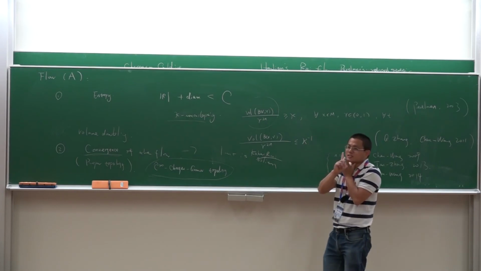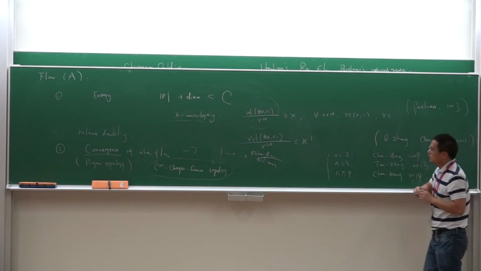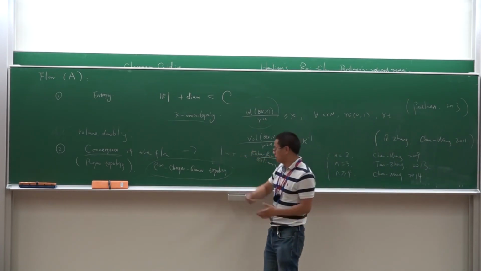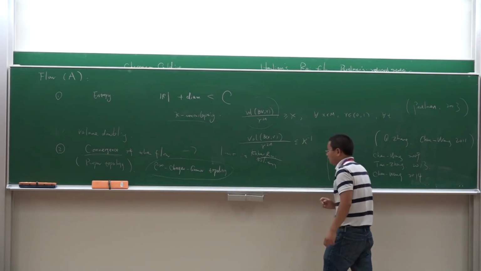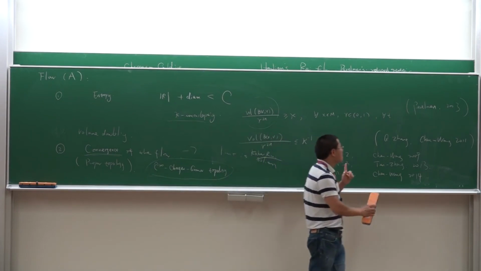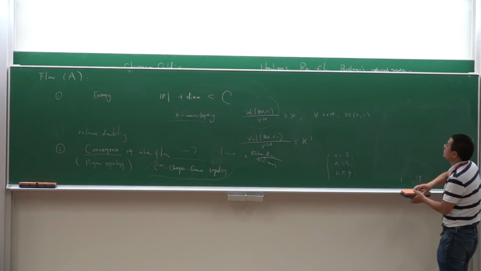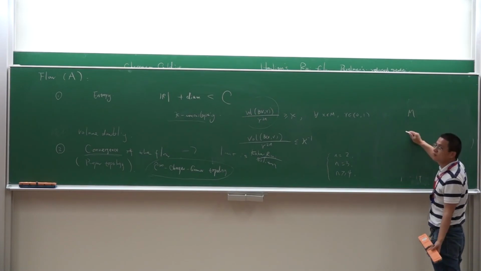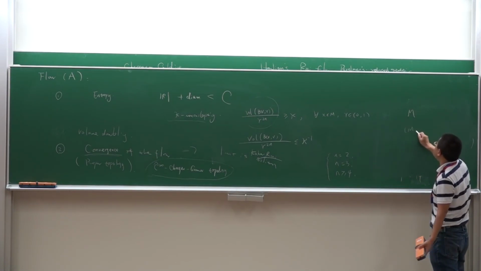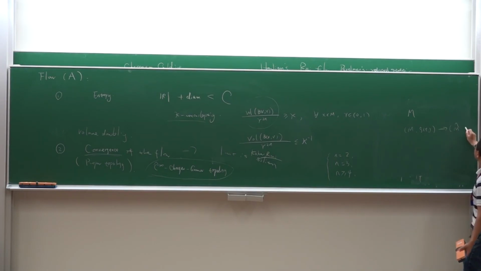Yes, this is the basic argument. But there is a key difficulty for this argument. Originally we thought that you can construct a test configuration. Suppose you start from M, then you have (M, g(t_i)) converging to some (M hat, g infinity).